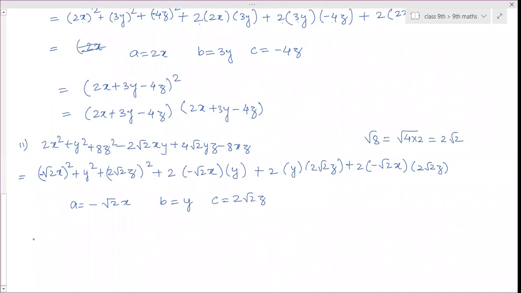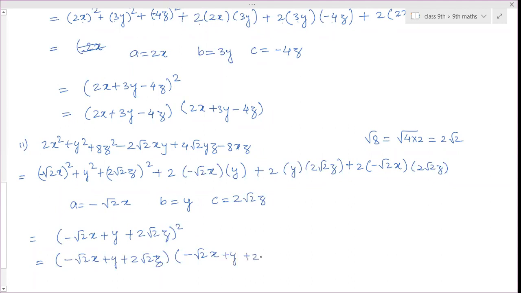Then this is a plus b plus c whole square, so that is minus root 2x plus y plus 2 root 2 z whole square. So this is equal to minus root 2x plus y plus 2 root 2 z into minus root 2x plus y plus 2 root 2 z. Everyone, is this clear? Yes, ma'am.